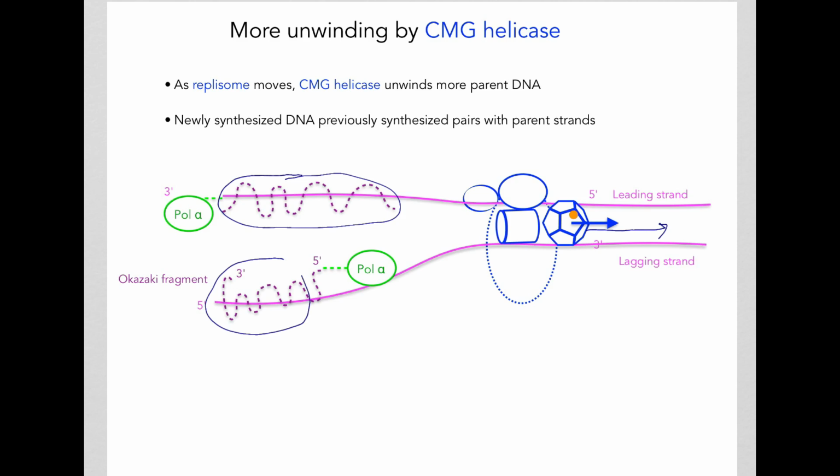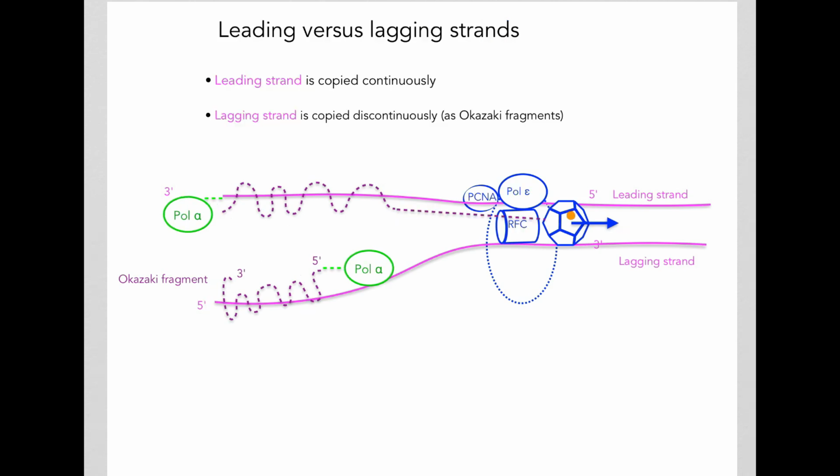Similarly, the Okazaki fragment that was made earlier will pair with the lagging strand. So just as we saw in E. coli, the leading strand is copied continuously, while the lagging strand will be copied as fragments, Okazaki fragments.